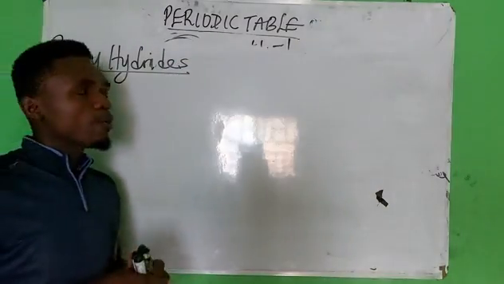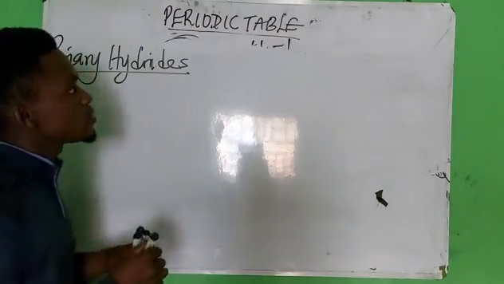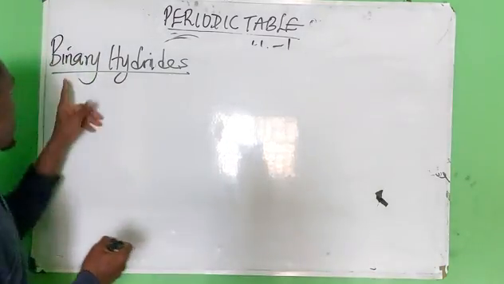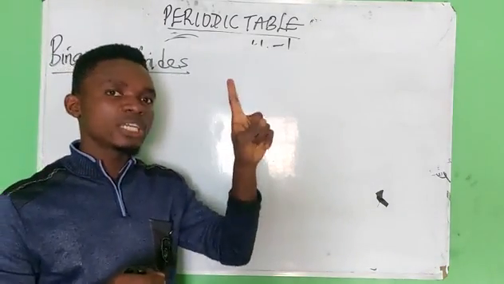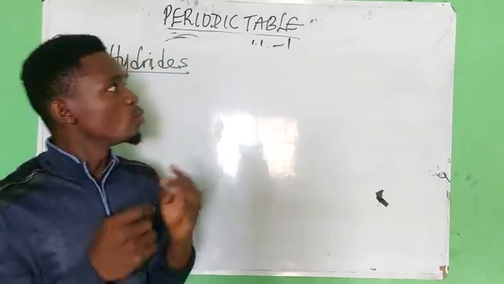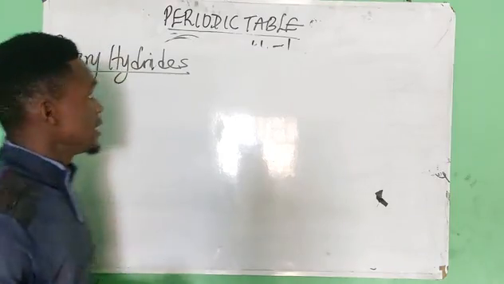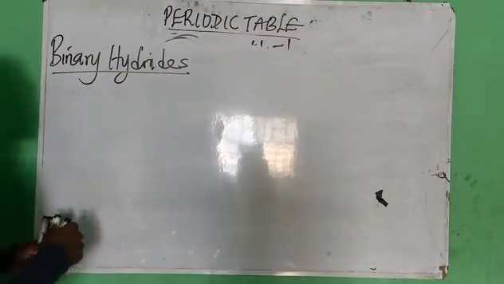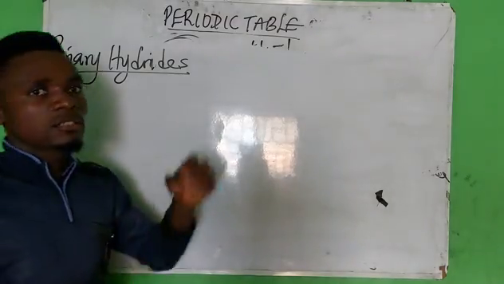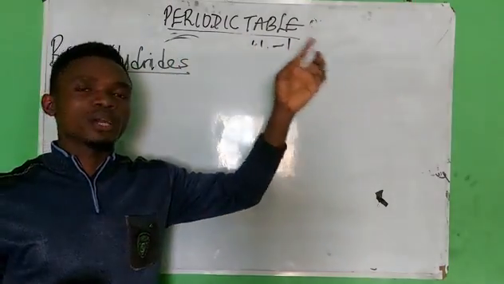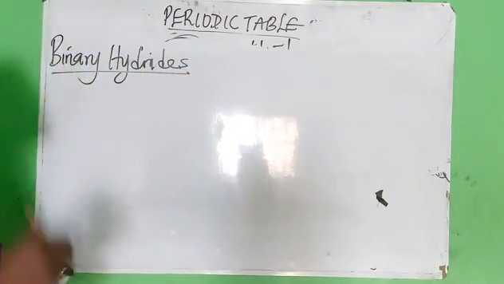Binary hydrides are compounds formed when a hydrogen molecule combines with another element. It could be a metal or a non-metal. I said binary hydrides are compounds formed when hydrogen molecules react with another element, which could be a metal or non-metal. We have 3 types of hydrides.